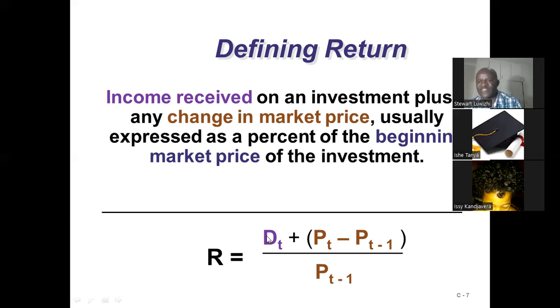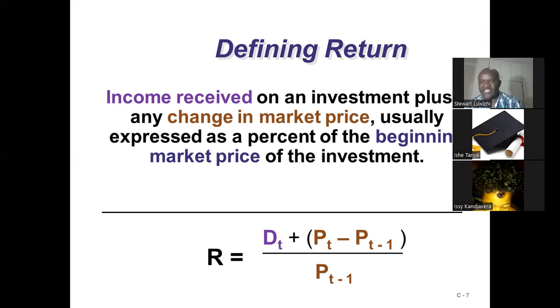When you made an investment, let's say you buy common stock, you will be getting from that a series of dividends during the lifespan of the investment. And P_(t-1) is the original price for which you bought your stock or asset. Then P_t is the price at time t.